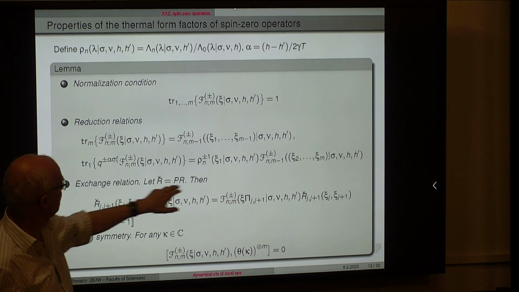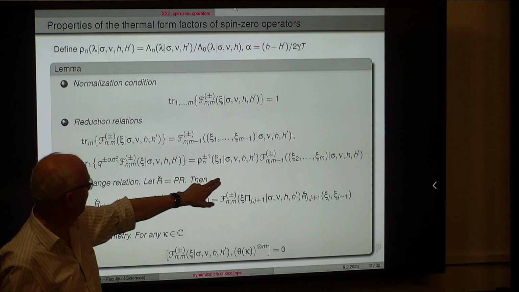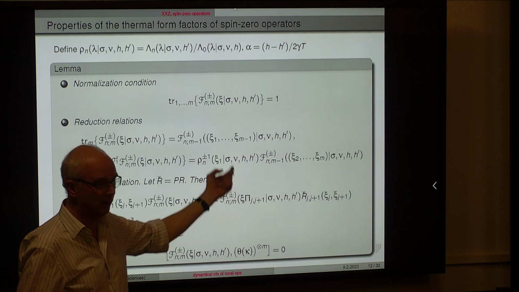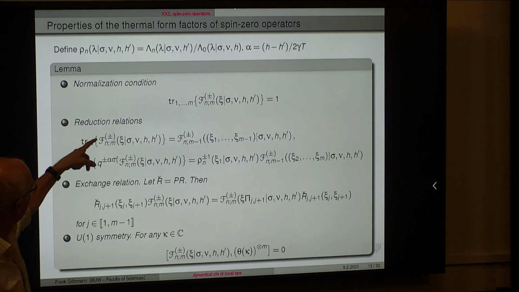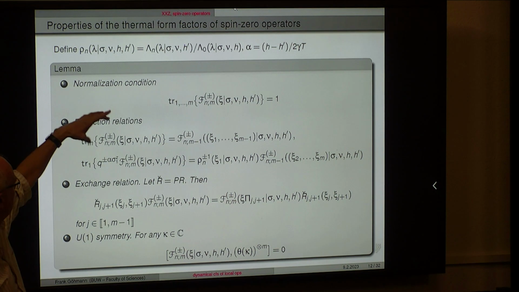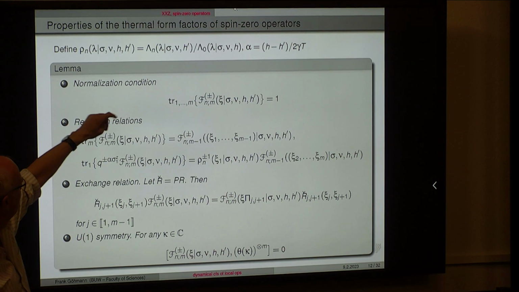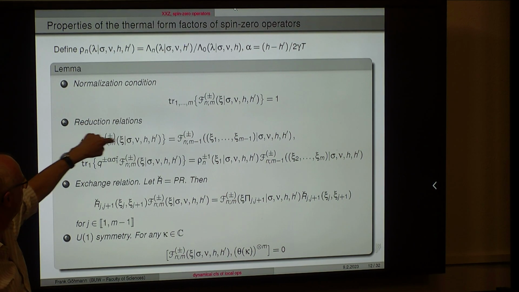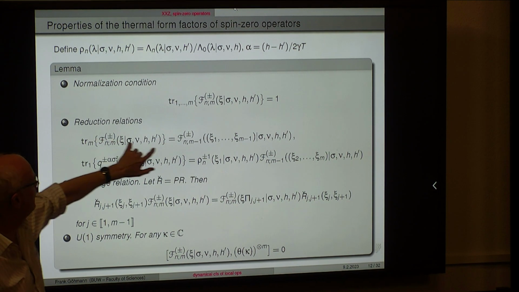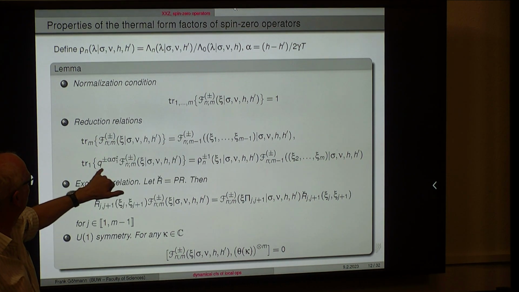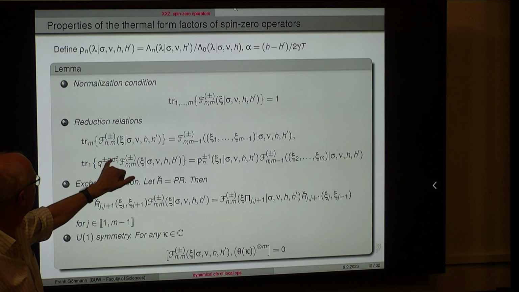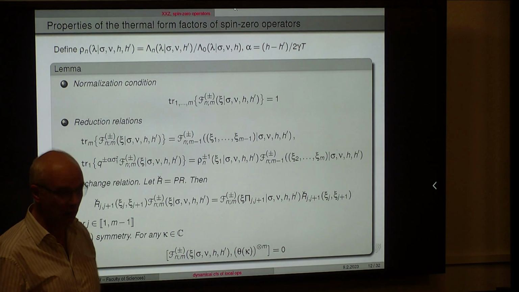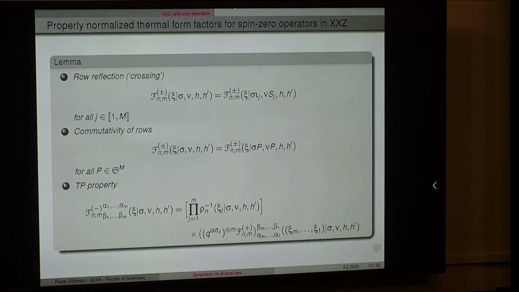And here you have these numbers. And here you have the trace, so you have the 2 by 2 matrix which, due to the ice rule, is just A, 0, 0, D. So A plus D is 1, and q^alpha A plus q^(-alpha) D is rho. So it's a linear equation which we can solve.